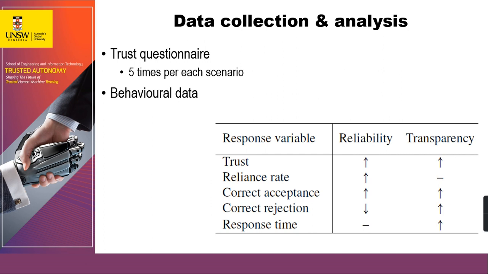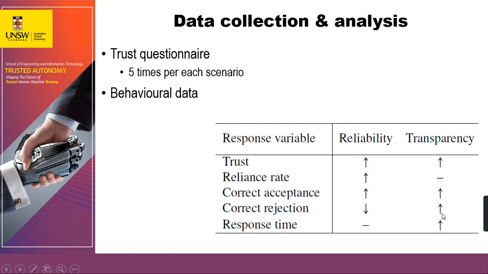Our results can be summarized in the following tables. We found that transparency led to increased trust in the swarm, which supports our first hypothesis. Transparency did not result in increased reliance rate, but it led to increased correct acceptance rates and increased correct rejection rates.